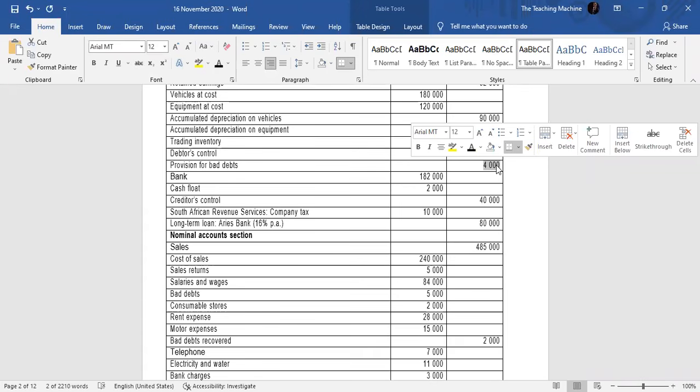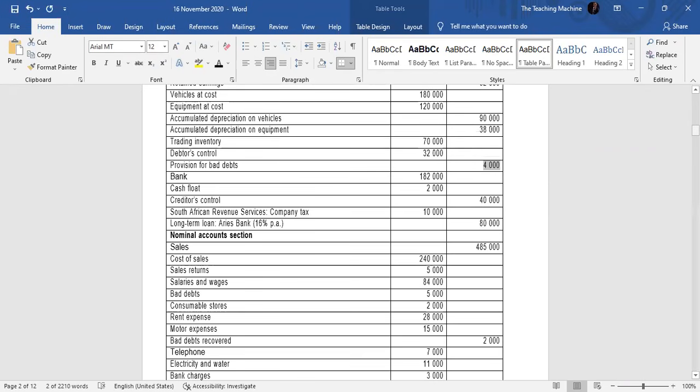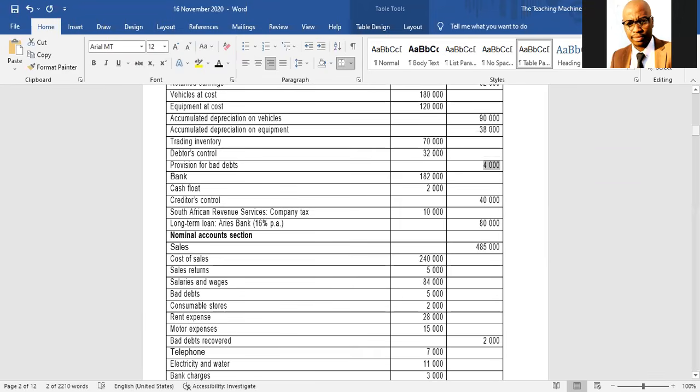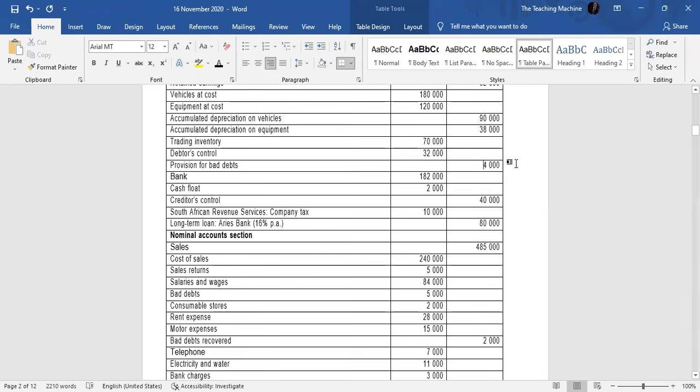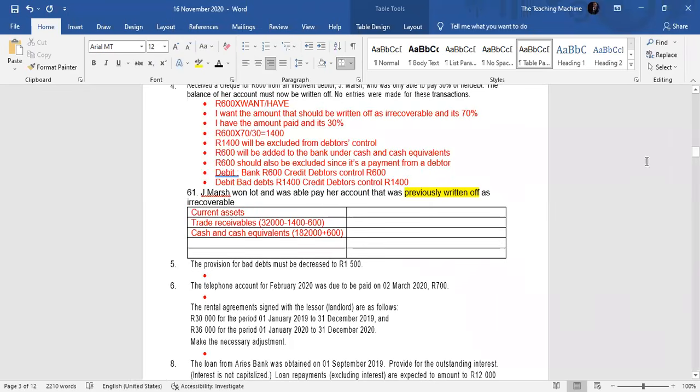All right. Now we are doing the statement of financial position. Information says the provision for bad debt must be decreased to 1.5. You have provided 4,000. Now you need to provide how much? 1.5. So this provision for bad debt should be excluded in the amount of trade receivables. Okay. So in the trade receivables, you would say minus 1.5.